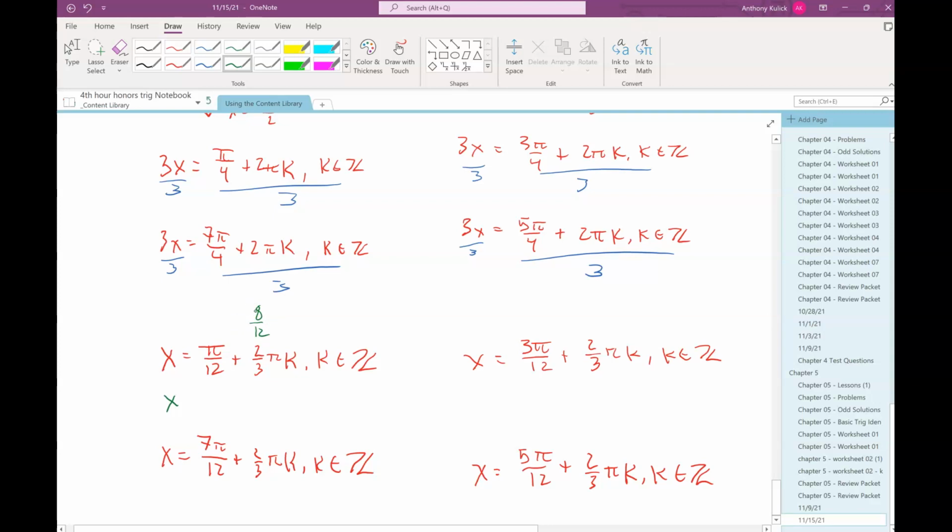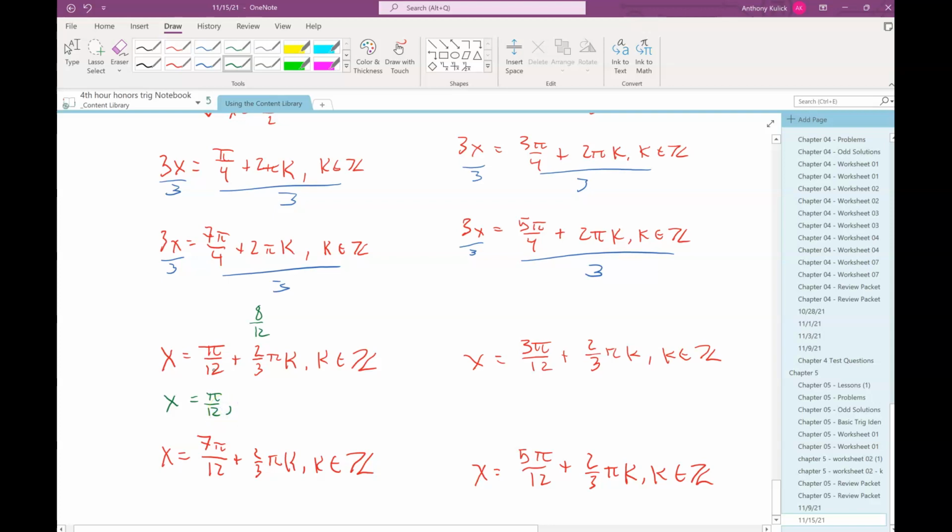Everybody agree with that? If I take pi over 12 and I subtract 8/12 pi, I get a negative. I can't have a negative answer because my interval starts at 0, so I don't have to worry about those ones. So pi over 12 would be my first answer from this solution.